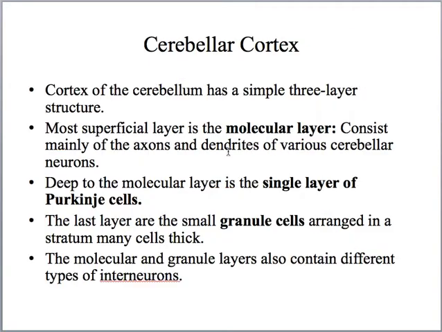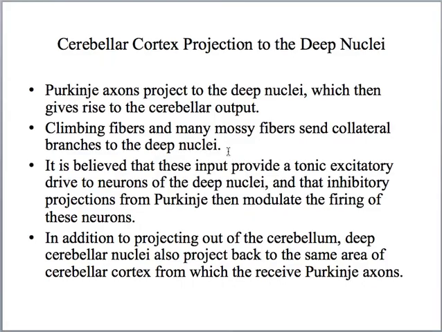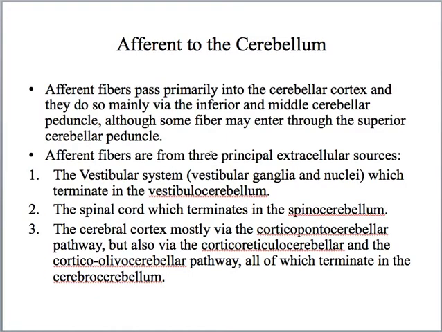The other thing I want you to focus on is the afferents that are projecting into the cerebellum. The first is the vestibular system, and we're going to be talking about the vestibular system next week.